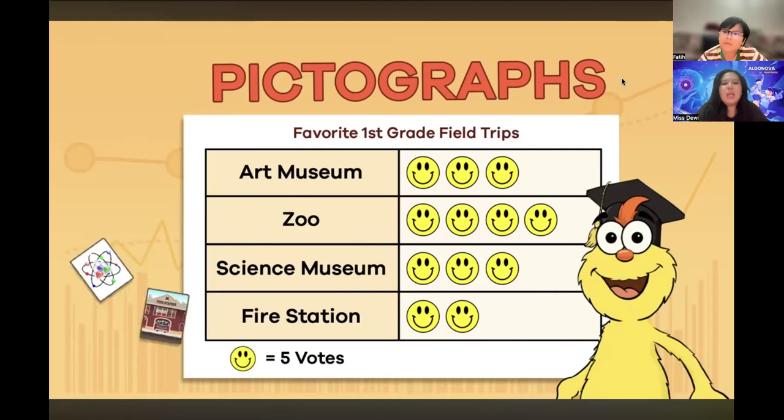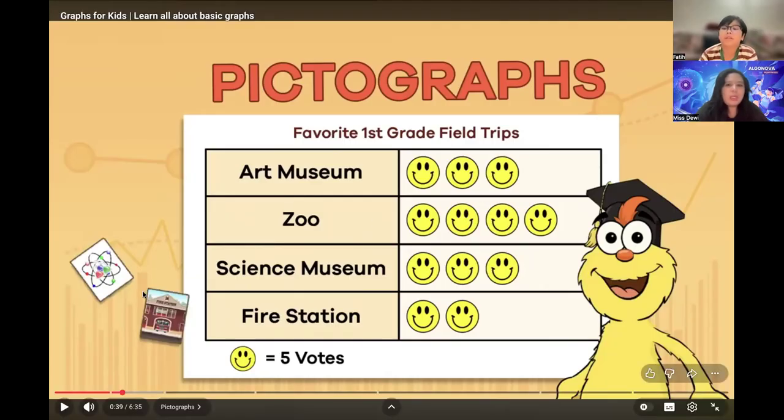Good, 15 votes. And the least favorite field trip is fire station. How many votes for it? 10. 10 only. Good job, Fatih. Okay, this is how we read this information.